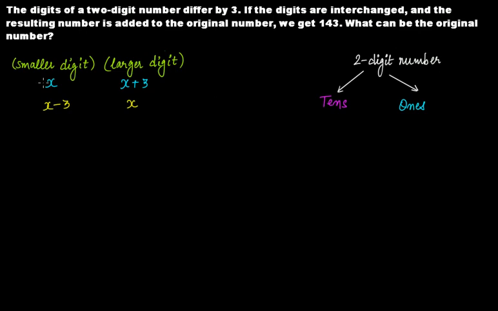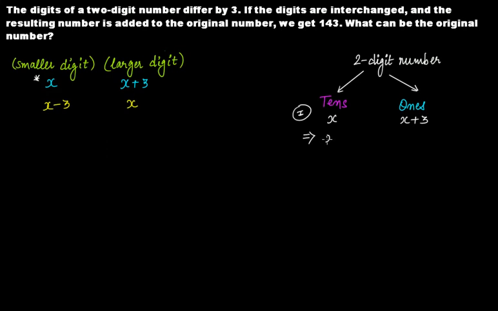Now let's first take this case, where the smaller digit is x and the larger digit is x plus 3. If we put the smaller digit, x, at the tens place and the larger digit, x plus 3, at the ones place, that is the first case. Now tell me, what will be the number then? We know that the multiplication factor of the tens place is 10, and the multiplication factor of the ones place is 1.